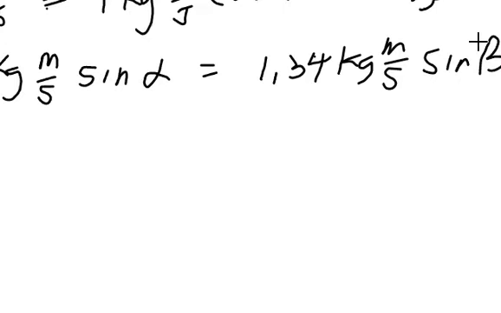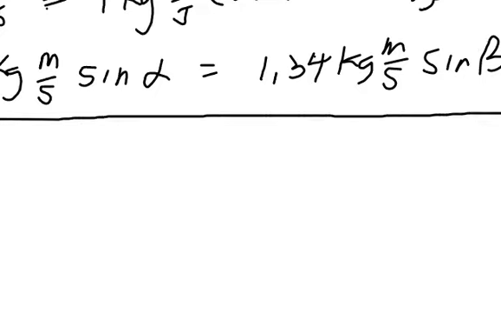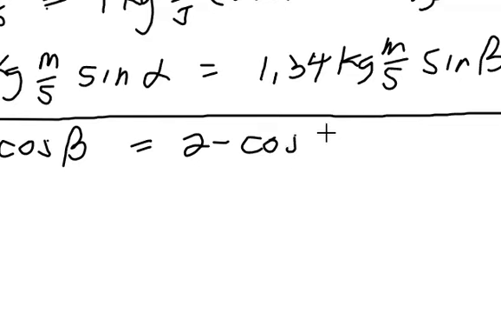Okay, I'm going to take away all these signs and everything. I'm going to write this once I distribute and take away the units. It's going to be 1.34 cos beta equals 2 minus cos alpha.